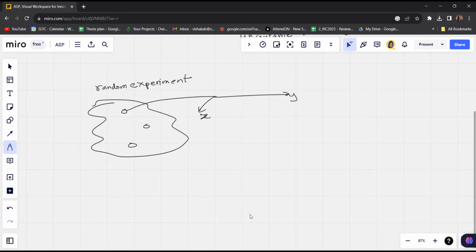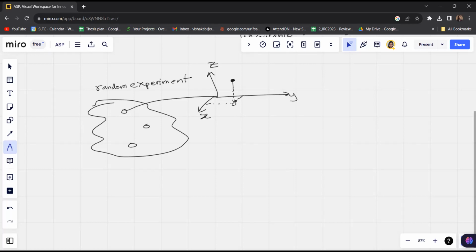So the output of the random experiment is defined in another dimension, which could be the z axis. If the outcomes can be denoted in the x-axis and the y-axis, then we can take some values in the x-axis and some values in the y-axis. The combination of those values will produce this outcome.